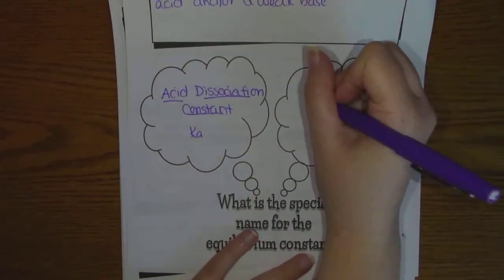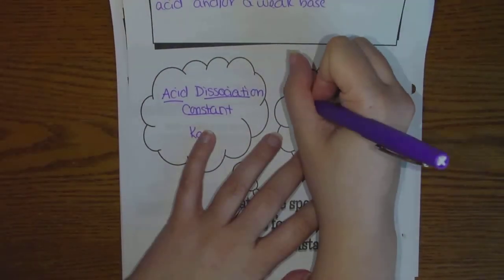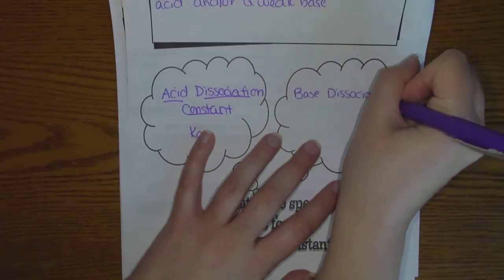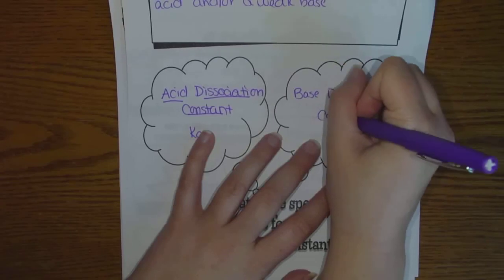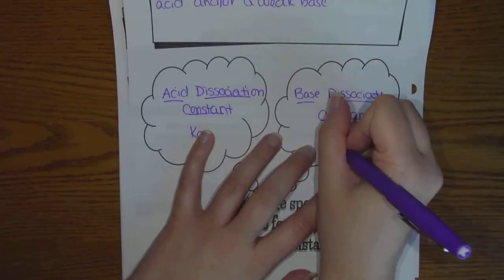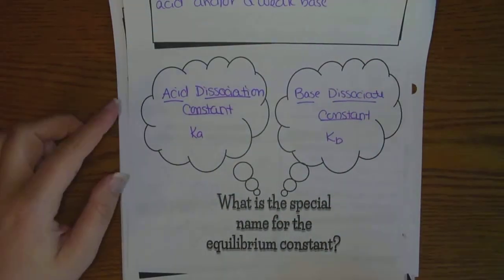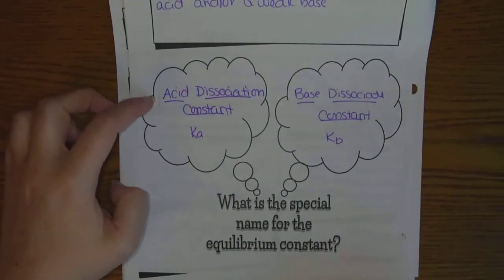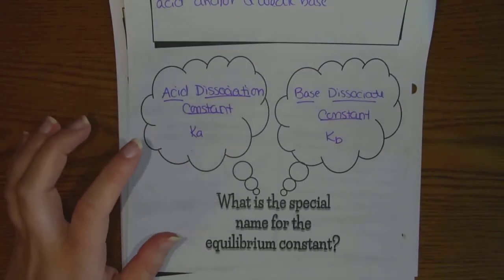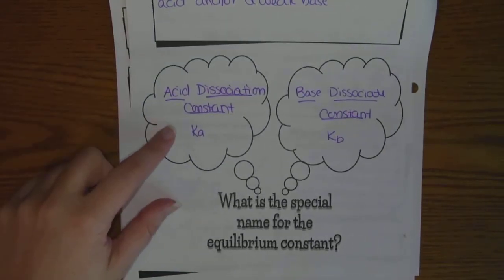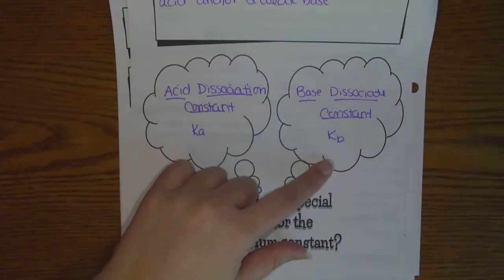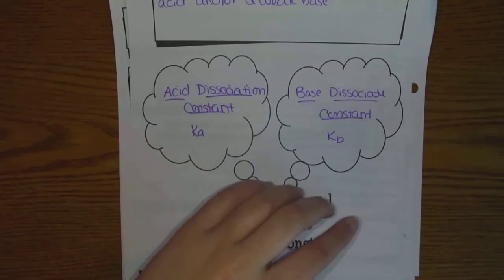On the other hand, we're going to have the base dissociation constant, and that's going to be Kb. Anytime we have a weak acid involved, which is what we commonly see within acid-base equilibrium, we're going to use Ka. If we have a base involved, we're going to use Kb. Okay?